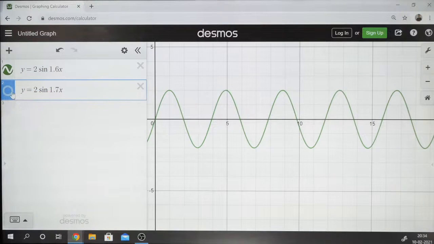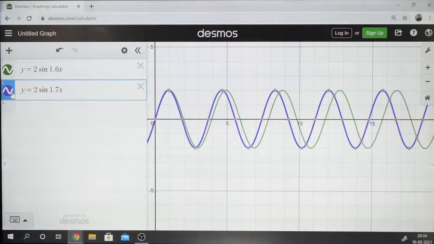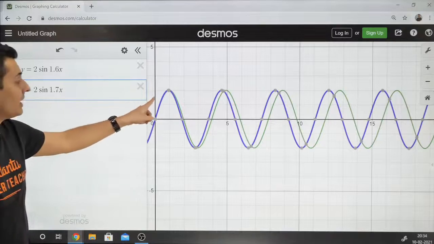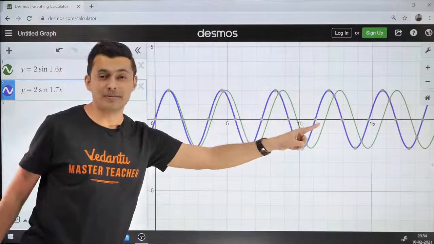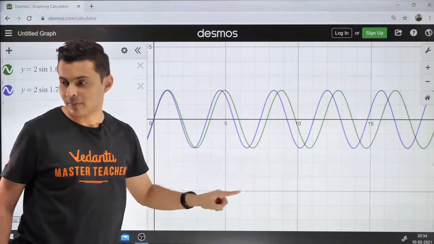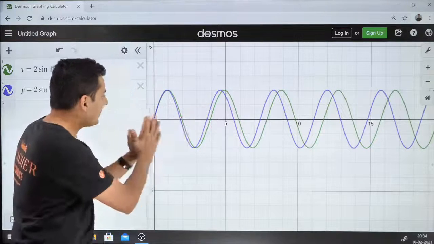Alright. But let's do a small trick. Magical trick. Let's place both of them together. Now you can see there is a small difference between the waves. Now, look at them.